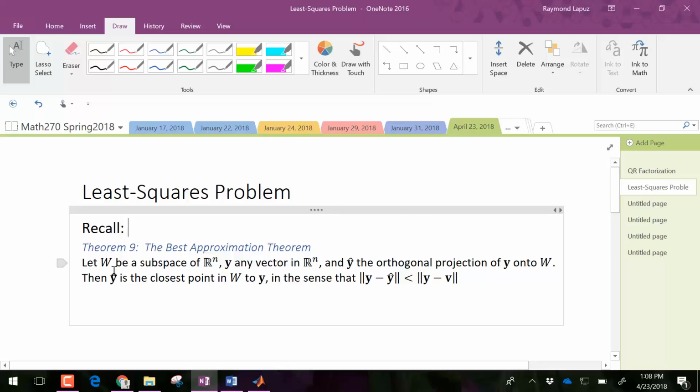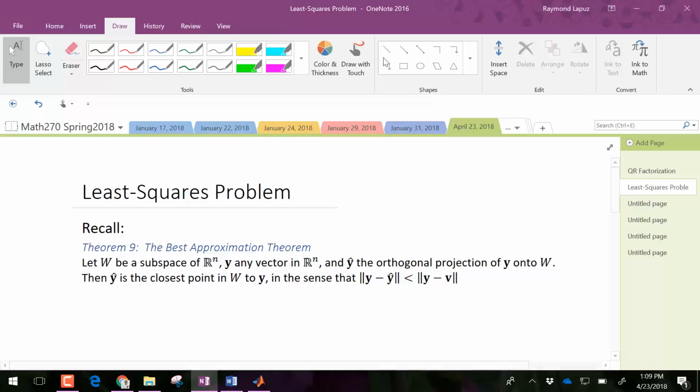The best approximation theorem says that if you have a subspace W, and y is some vector, not necessarily in the subspace, just in some vector space, then y hat, the orthogonal projection of y onto W, is the closest point in W that best approximates the y vector.